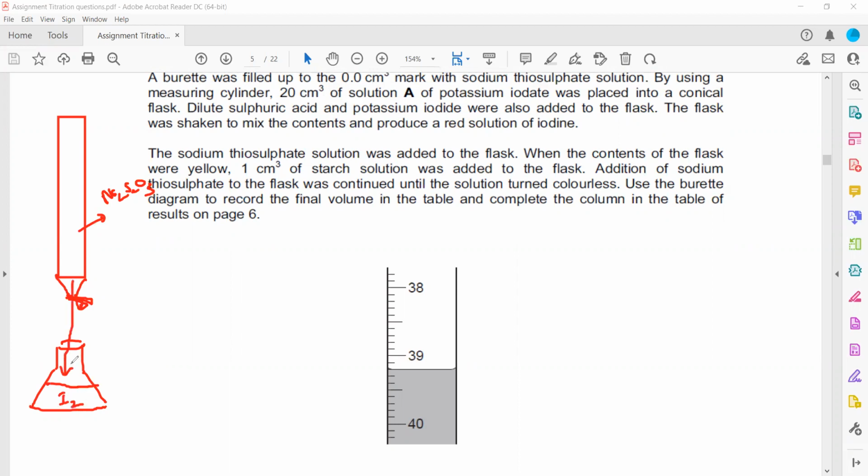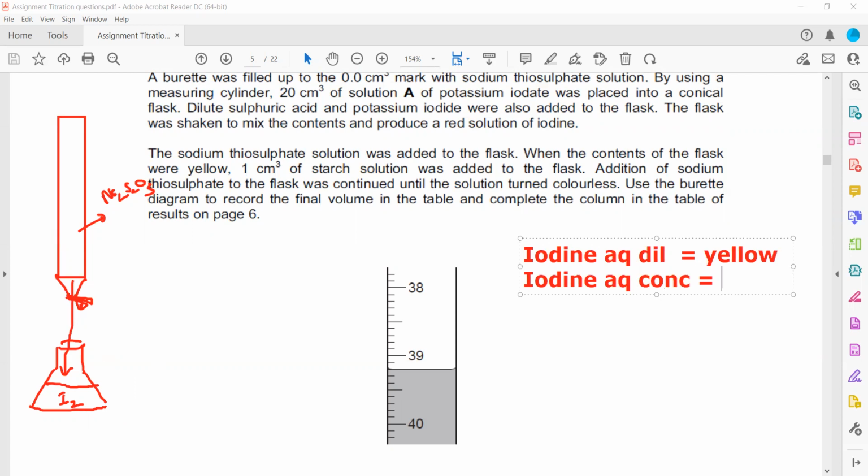When thiosulfate reacts with the iodine molecule, it will form iodide ions. But the colors of iodine are important, as it has different colors. For example, if we have dilute aqueous iodine, it will be pale, or you can say yellow. But if we have concentrated aqueous iodine, it will be orange, or even brown is acceptable.